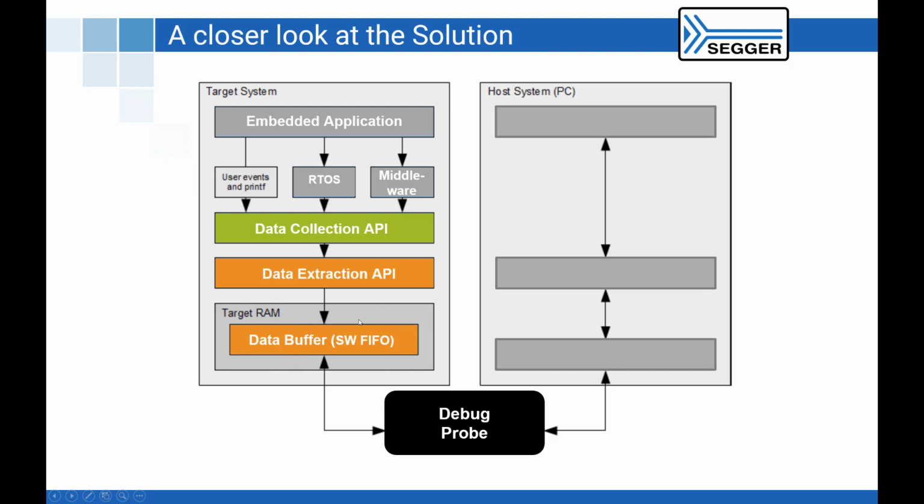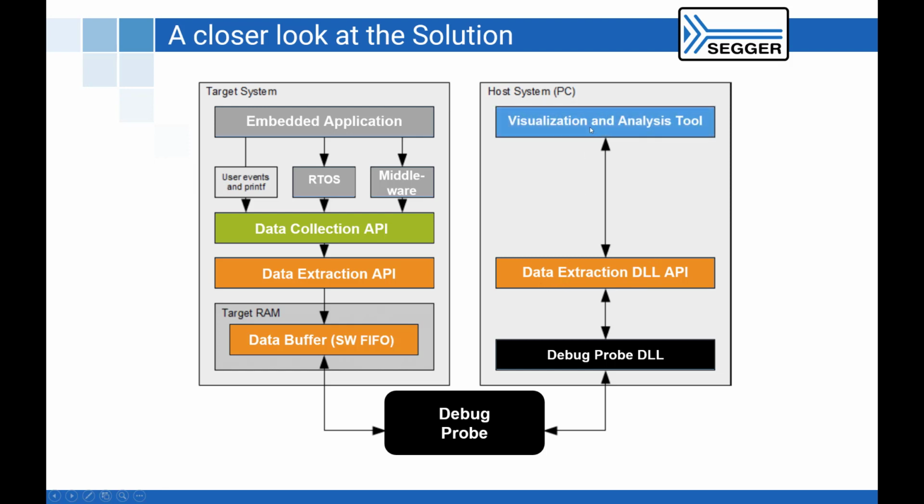And from there, the debug probe will have access to that. And on the host side, the debug probe DLL will take care of the connection to the target, obviously, and then pass the data up to the DLL that's responsible for the data extraction, and then pass that up to the visualization and analysis tool.